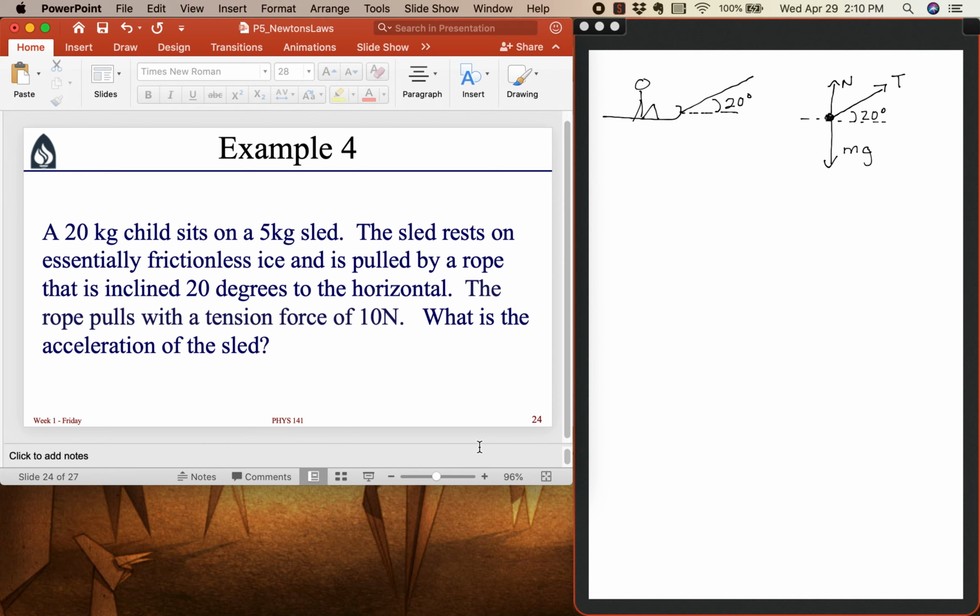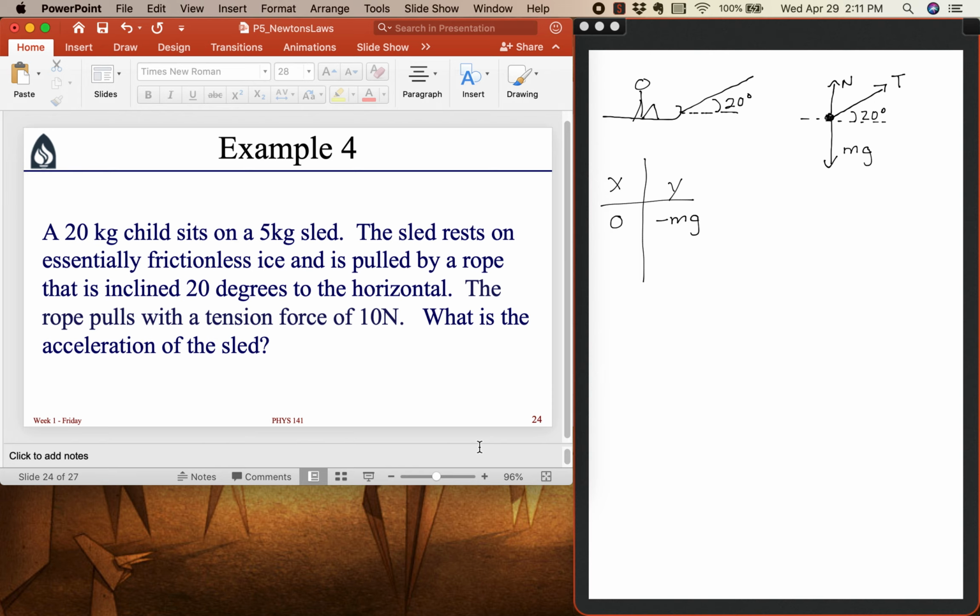So the next step then would be to split these forces up into x and y components. If I start with gravity, I know that gravity, or the weight of the child plus sled, is pointing in the minus y direction. It has no x component. It's just going all in the minus y.